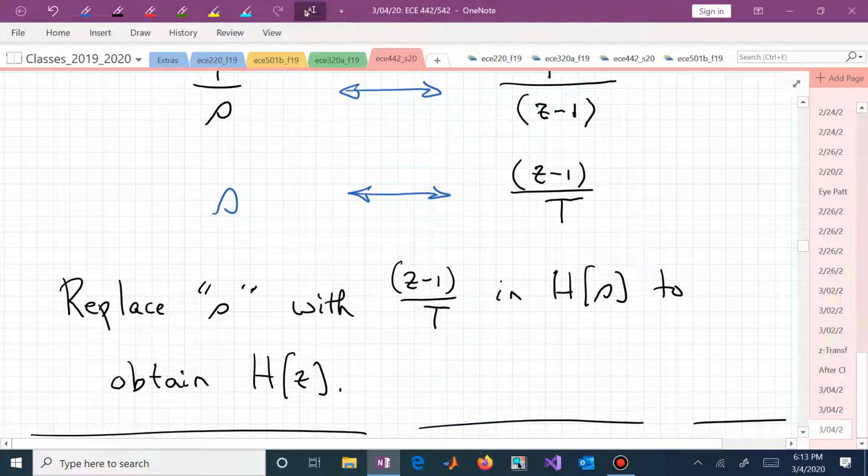You have one discrete equivalent that you can use. You can say, oh, everywhere there's an S in his or her transfer function, I'm going to replace each S with Z minus 1 over T. If you had an S squared, you would replace it with the quantity Z minus 1 over T, that quantity squared.